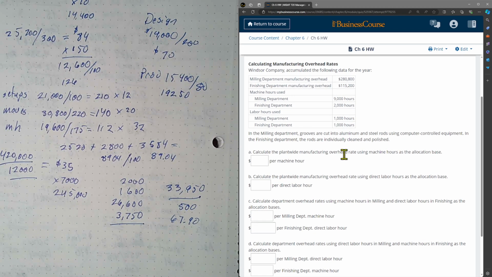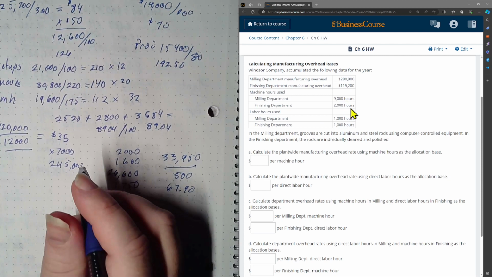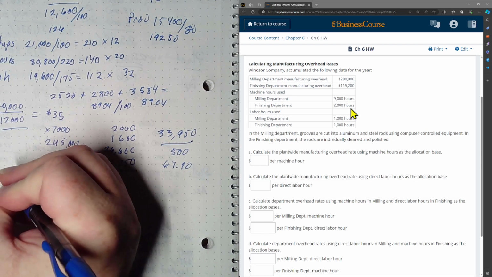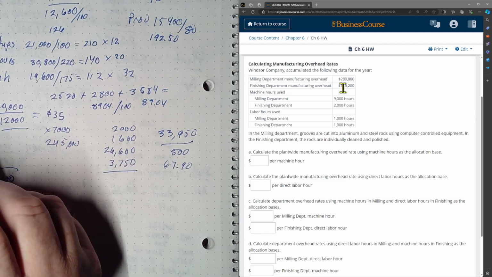Okay, so the plant-wide rate using machine hours. Well, what is the total machine hours? It's 11,000 machine hours, right? And what are the total costs?